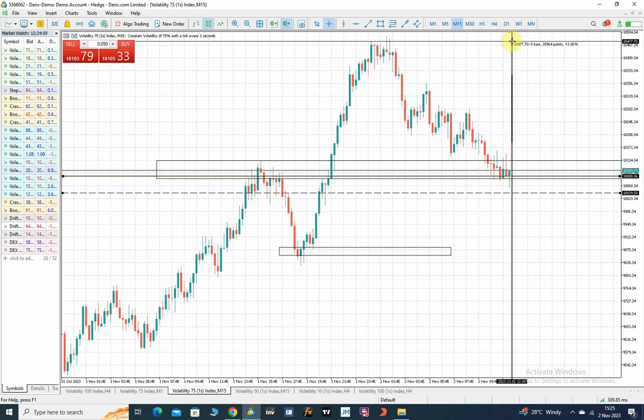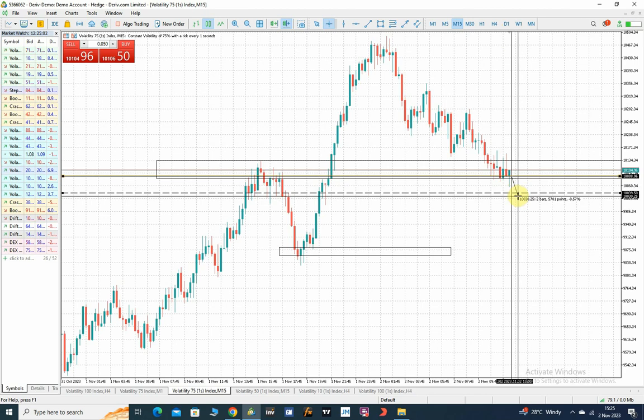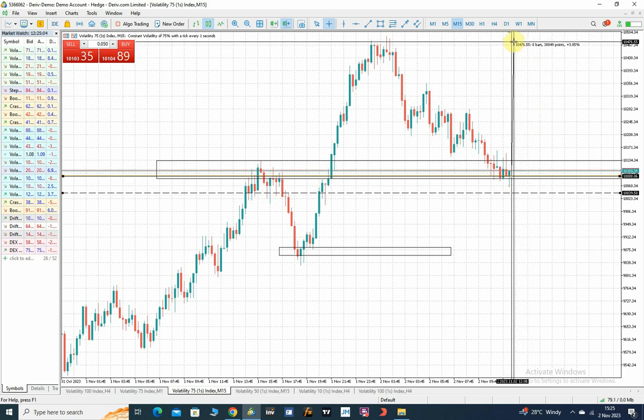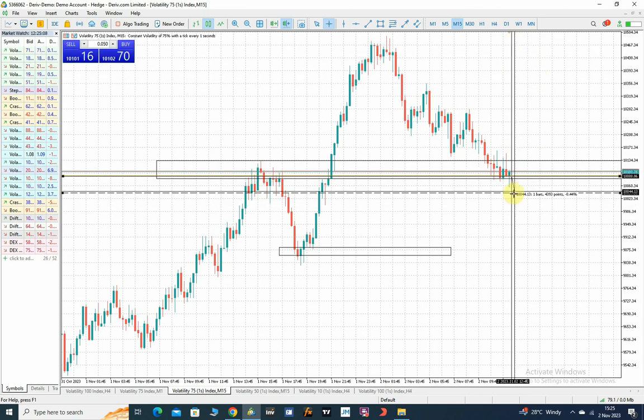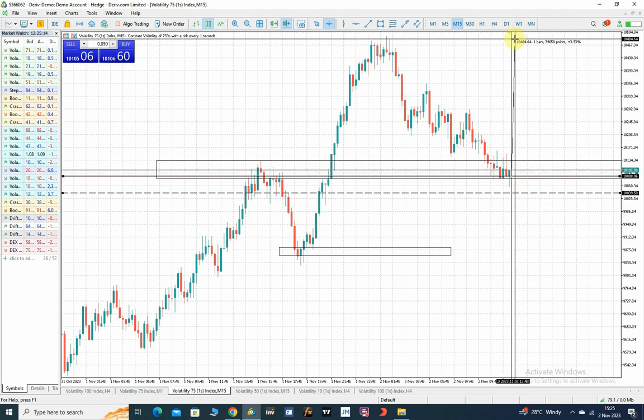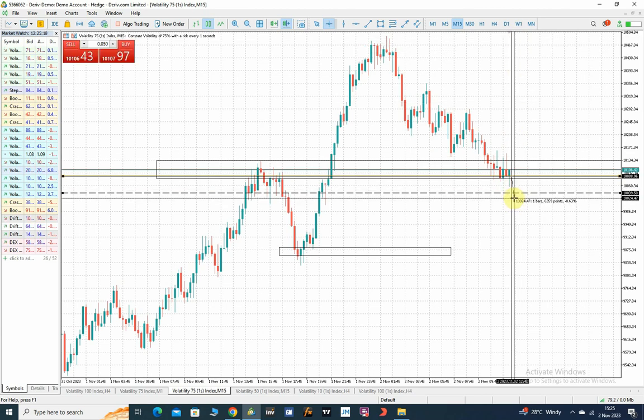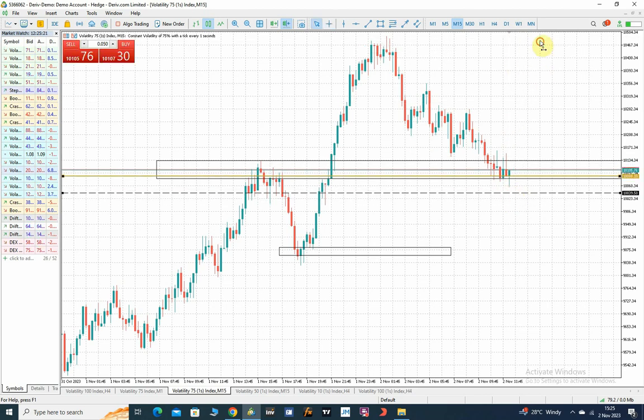Look at this ratio. This is like 1:7. That's good. If you sacrifice $10 here as a loss, or somewhere here maybe 20, you're gonna make 140 back. If you sacrifice your 20 bucks here, you're gonna make 140 back.